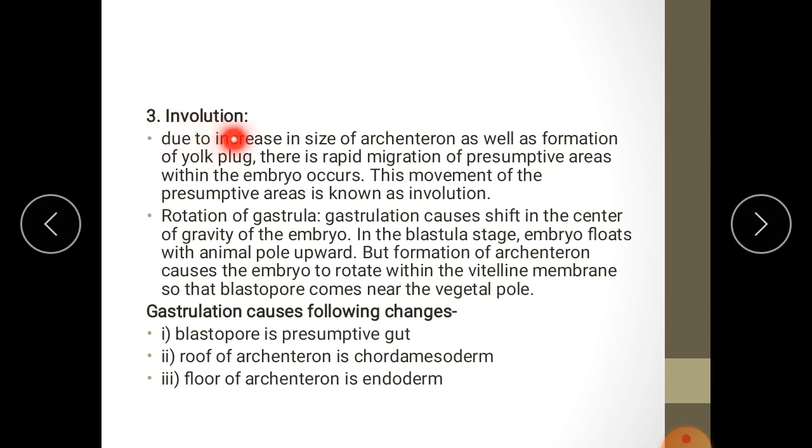Epiboly is over, overgrowth, then invagination, then involution. Involution is the inward movement of the cells. Due to increase in size of archenteron as well as formation of the yolk plug, there is rapid migration of presumptive areas within the embryo. This movement of the presumptive areas is known as involution.